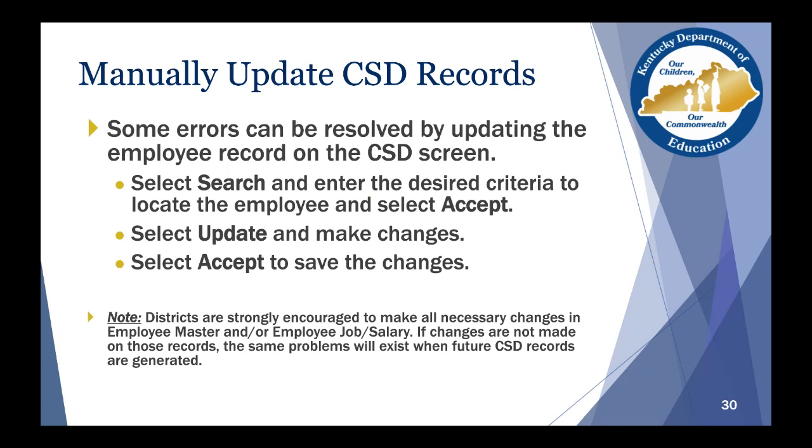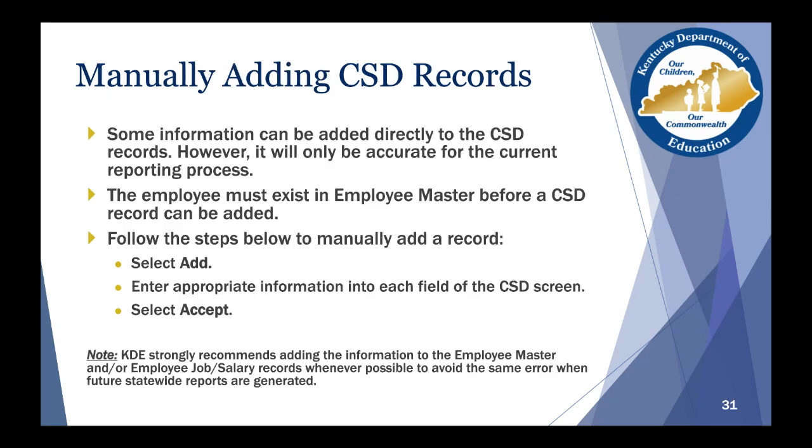And this information is also needed on several state and national reports. So you want to make sure that it is correct in employee master and employee job salary. You can add a CSD record here. It's kind of the same process, but you need to make sure that they have an employee master record. Without an employee master record, you cannot manually add a CSD record.